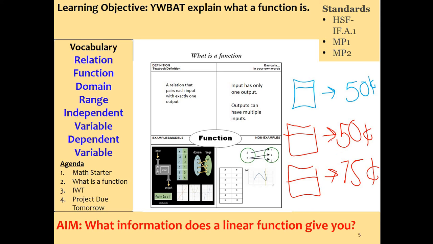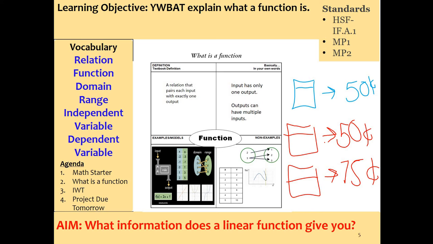Because to me, I'm someone who likes functions. I'm a math person. And a function says that every time you have one input, which in this case is the bag of chips, you have the exact same output every time, which for me is 50 cents. So an output can have multiple inputs.